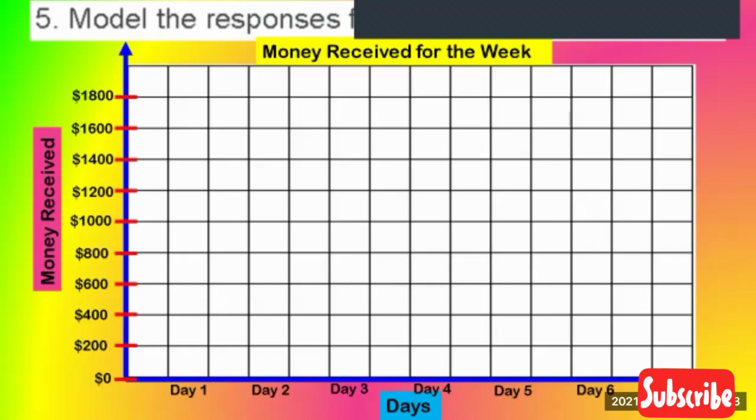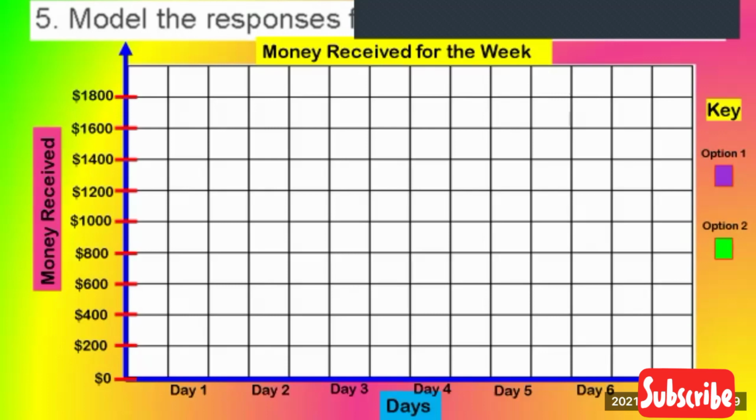We must have a key so persons can know what represents what. So in the key, we have option 1. We're going to represent option 1 with a purple bar and option 2 with a green bar. So go ahead, look back on the information that you have before, so that you are able to fill this chart in correctly.